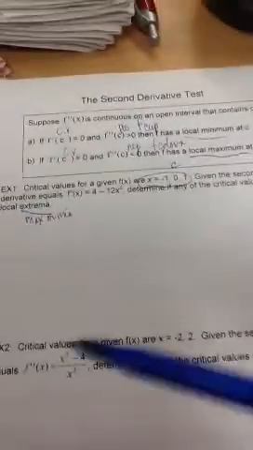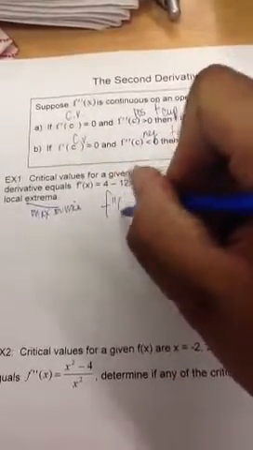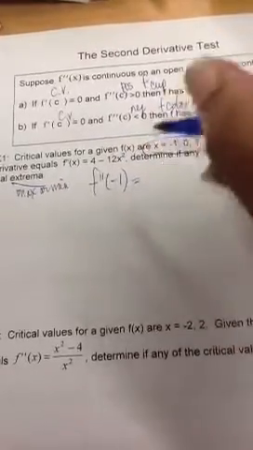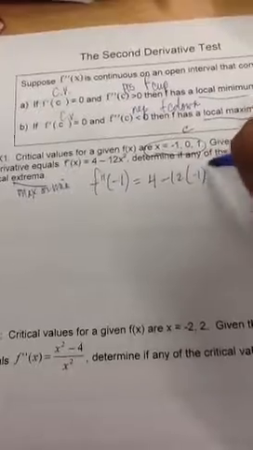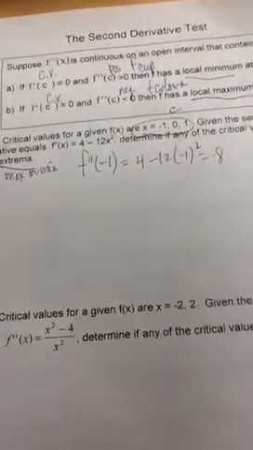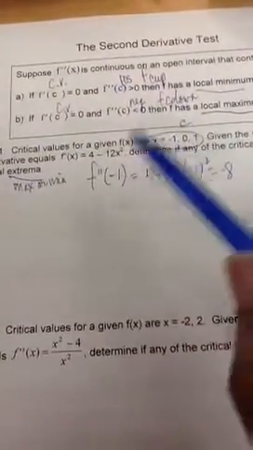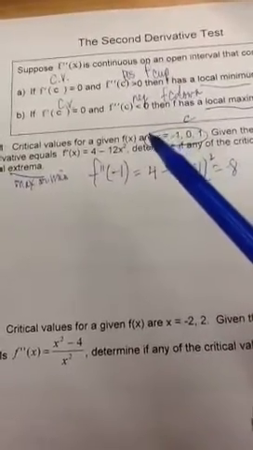So all we have to do is plug it into the second derivative. So f double prime of, let's try -1, equals 4 minus 12 times -1 squared. If I work all that out, that's going to become a -8. So we have a -1 being the critical value, because they told me it was.